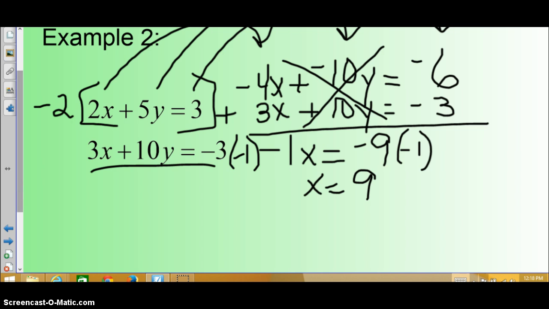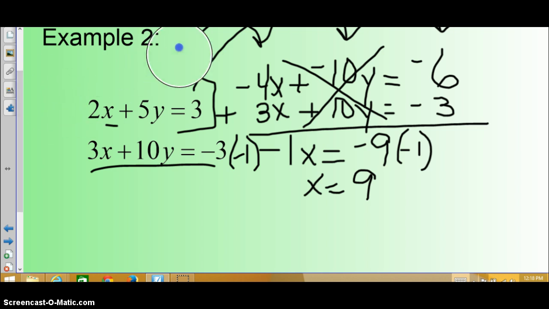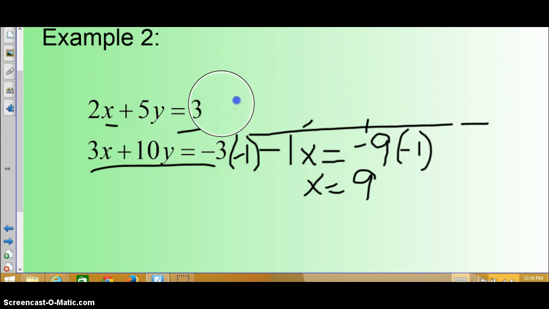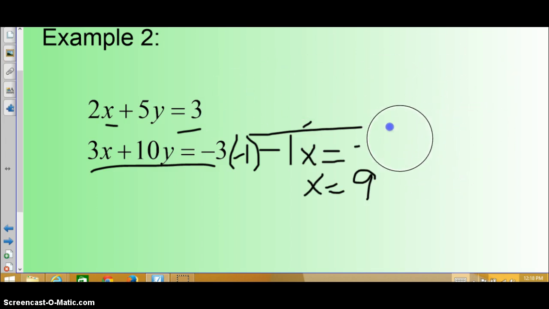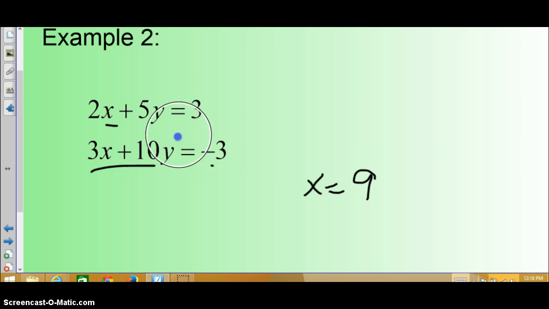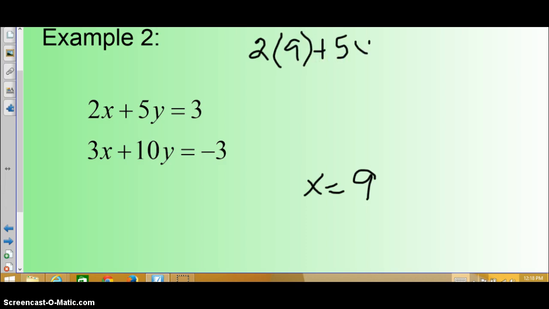So again, we have part of the solution, but we now need to figure out the rest of the solution. I'm going to erase some of this because we don't need all of this. And again, hopefully you paused, and if not, you'll need to rewind to get back to where we were. I'm going to substitute a 9 into this equation. So we've got 2 times x, which is 9, plus 5 times y is equal to 3.